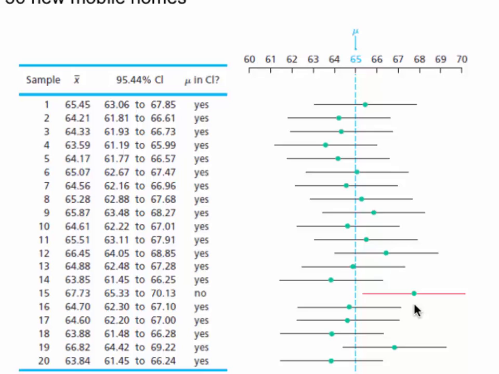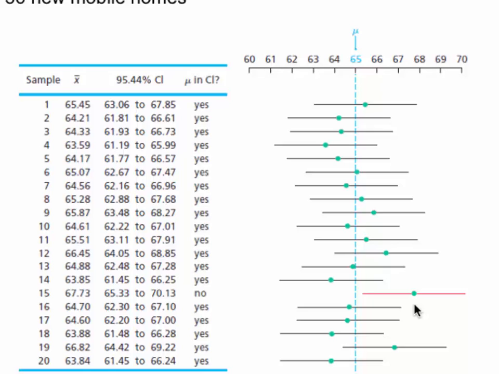So that interval did not give us the population mean; it did not fall in that interval. But in 19 out of 20 of them, the population mean of 65 fell in the interval. Does that make sense? So this is the idea of a confidence interval.